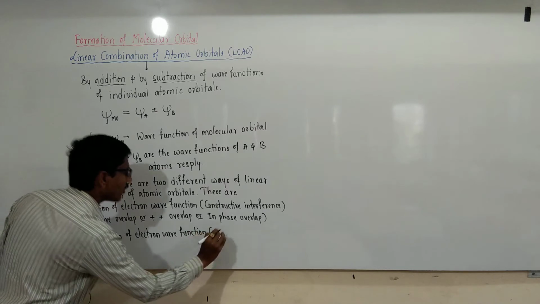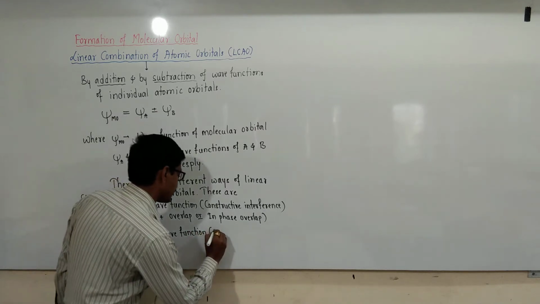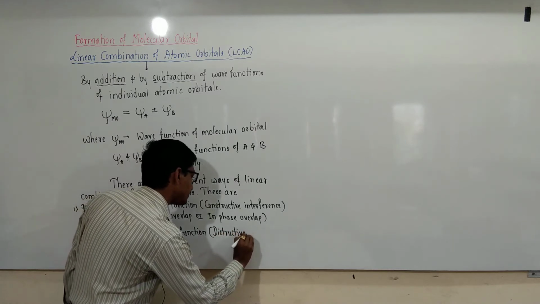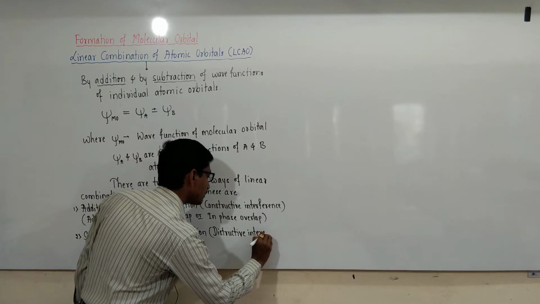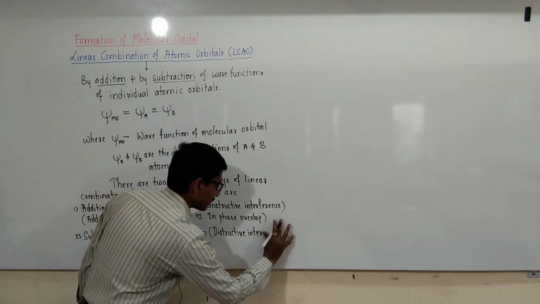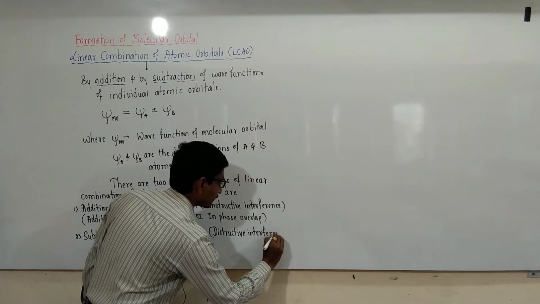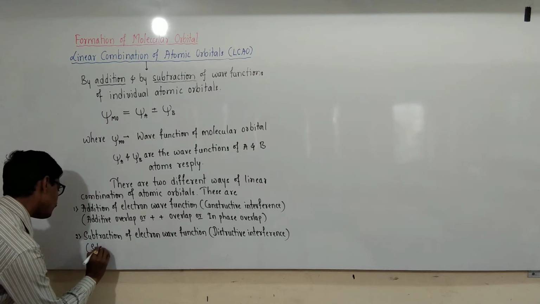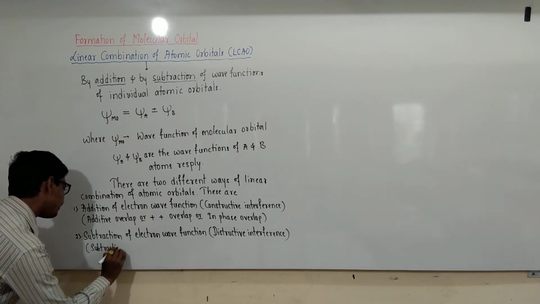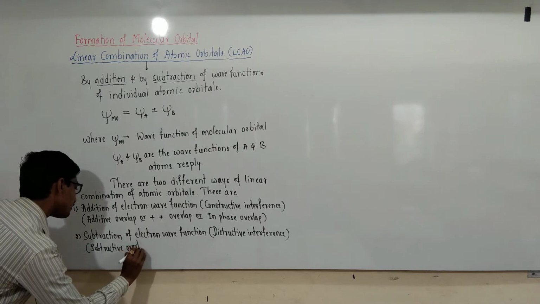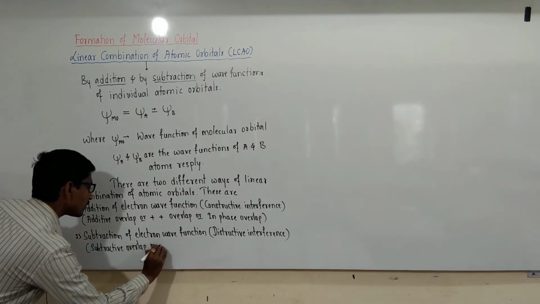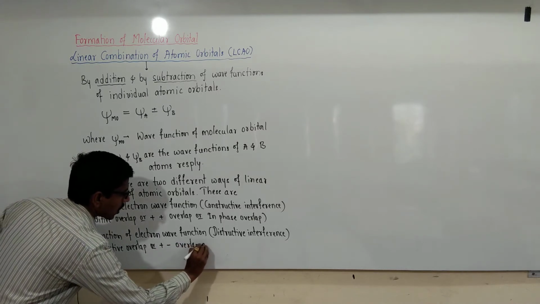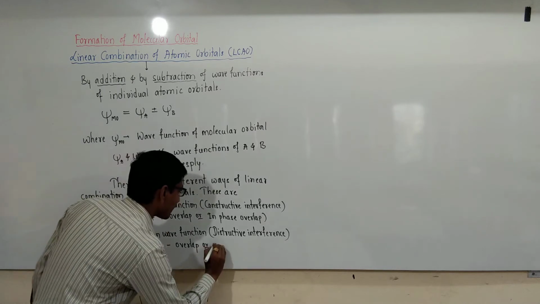Subtraction of electron wave function is destructive interference, or it is also called subtractive overlap, positive negative overlap, or out of phase overlap.